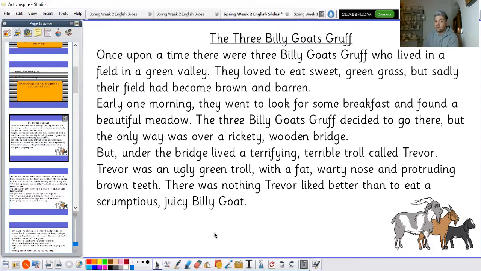But under the bridge lived a terrible troll called Trevor. Trevor was an ugly green troll with a fat, warty nose and protruding brown teeth. There was nothing Trevor liked better than to eat a scrumptious, juicy billy goat.